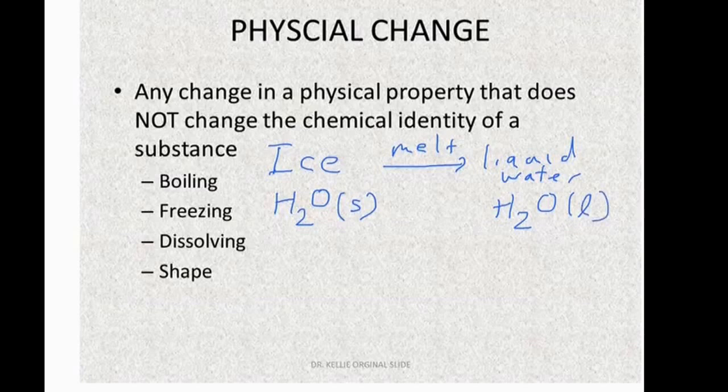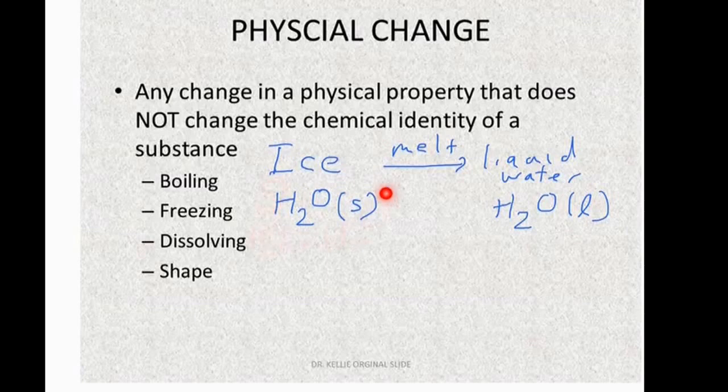So chemically, we have the exact same substance at the end of the change as we do at the beginning. The substance is in a different form, but chemically it's the exact same. In other words, no change in the substance identity has occurred. Therefore, it's a physical change.